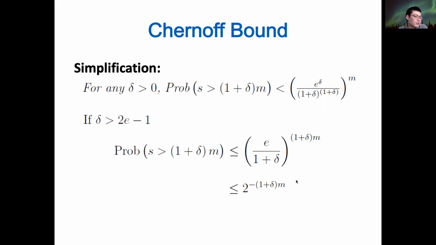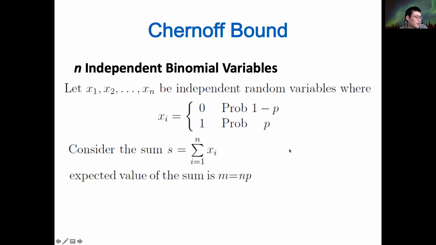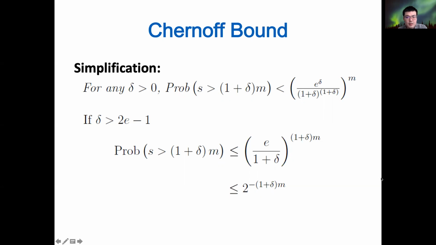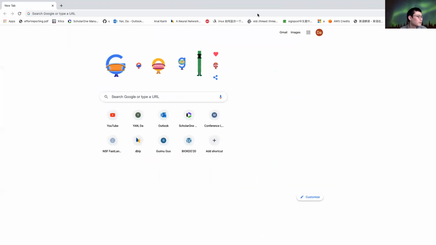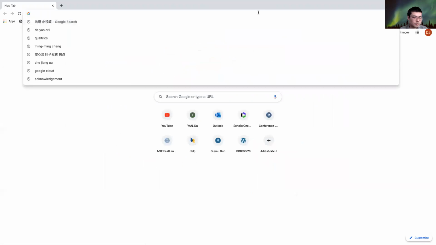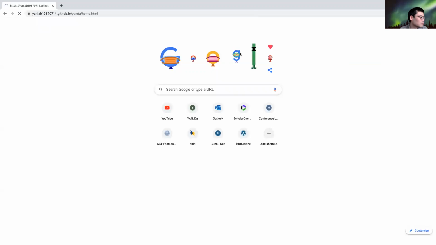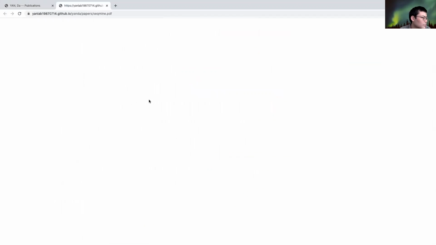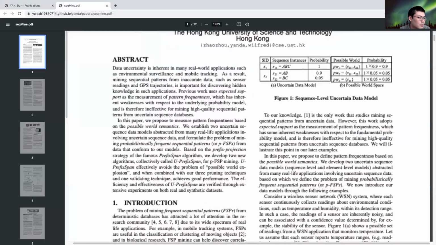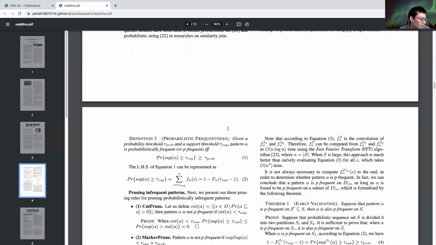There are different ways to simplify the Chernoff bound. This is actually not the most popular Chernoff bound form. Let me see whether I can give you some. The most popular Chernoff bound form is actually this one. I don't remember where we got that earlier, but this paper also uses bounds.